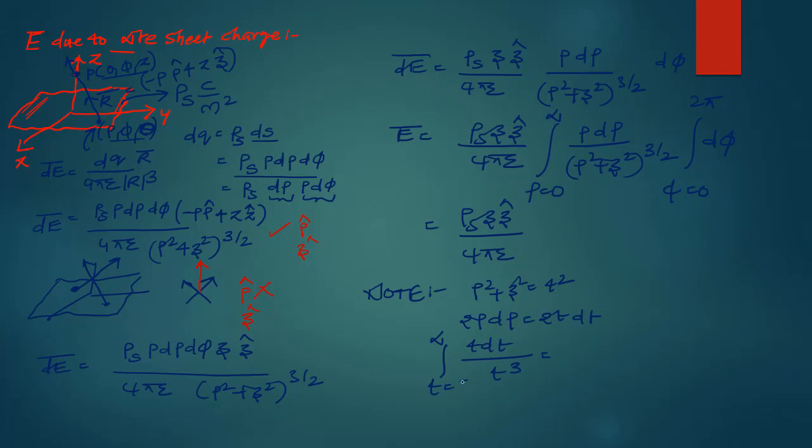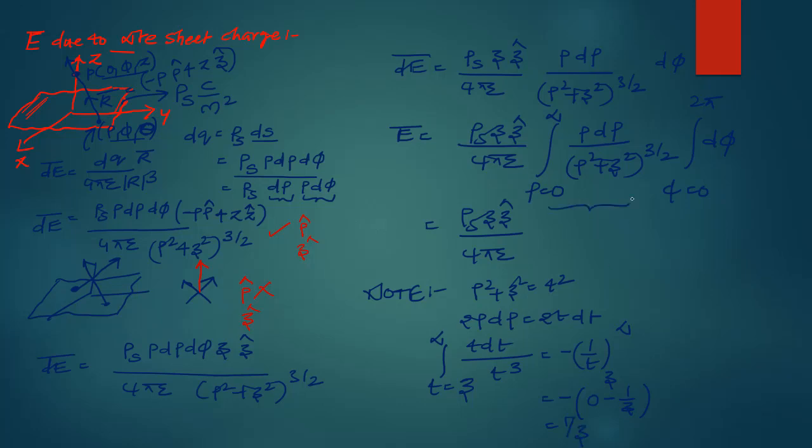For 1 by t square, what is the integration? Minus 1 by t. The limits are z to infinity, so it is equal to 1 by infinity, which is 0, minus 1 by z. That means you are getting 1 by z as the integration of this part.